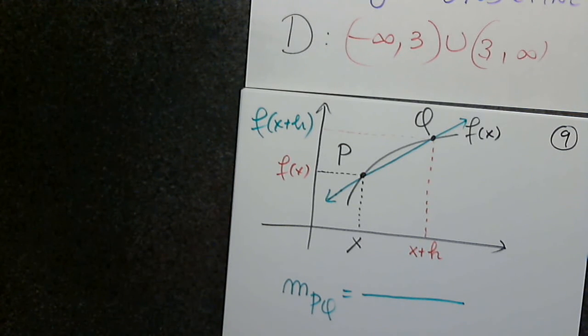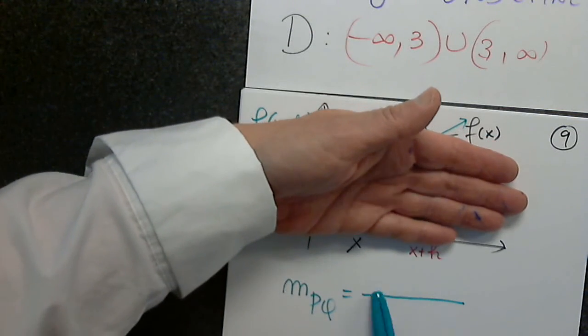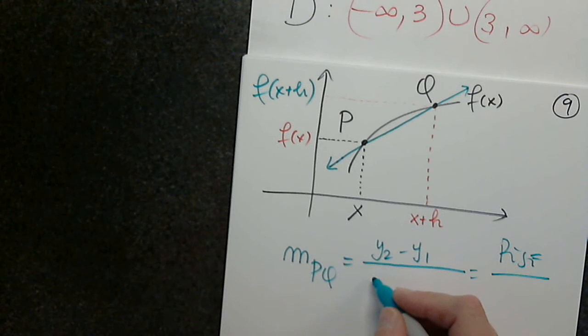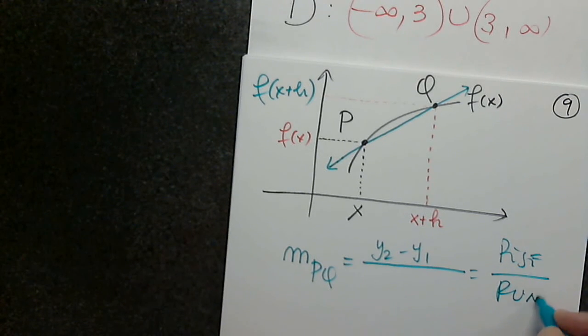If you don't remember, let's write the slope definition. What is the definition of the slope? I just want to write the definition. y2 minus y1, which is rise, over run. Perfect. So please dictate now the slope of PQ.